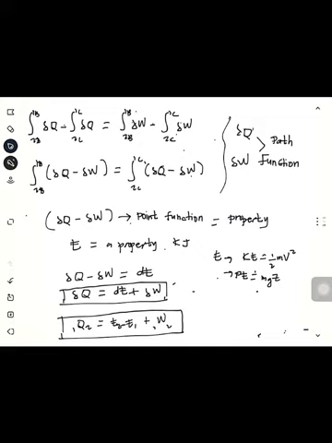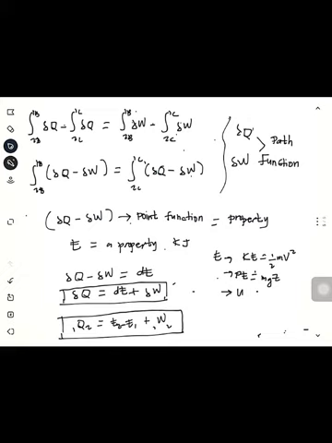And also we have U, which is the internal energy, and it is dependent on the thermodynamic properties.